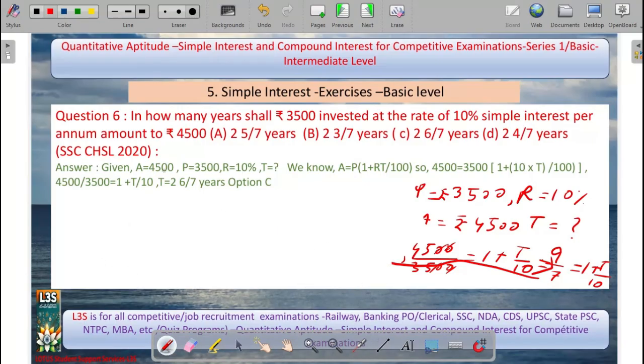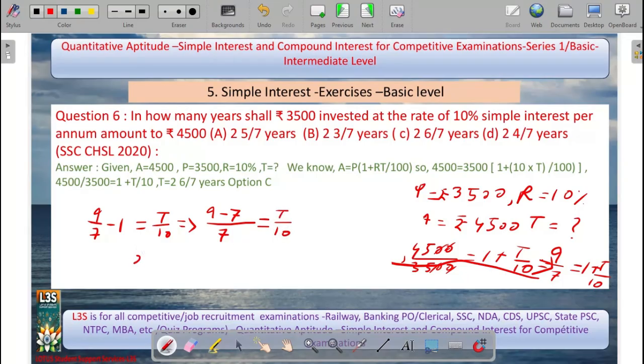So 9 by 7 minus 1 is equal to T by 10. So 9 by 7 minus 1, we take the LCM 7, is 9 minus 7 by 7, equal to T by 10.